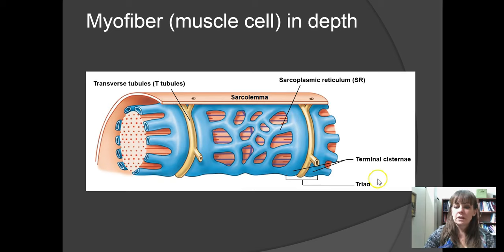And we have a thing called the triad, which means we have terminal cisterna, T-tubule, and the terminal cisterna on the other side. So 1, 2, 3 gives us the triad. Okay. Now, the reason why we're learning these structures is because they're actually going to be important for, you guessed it, function of this muscle cell.